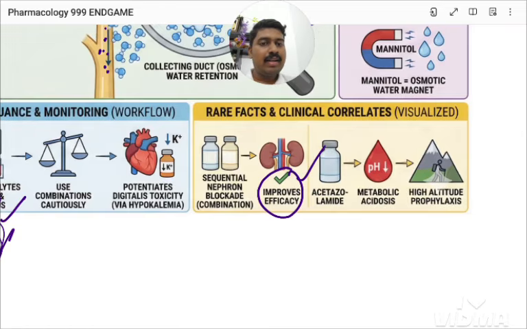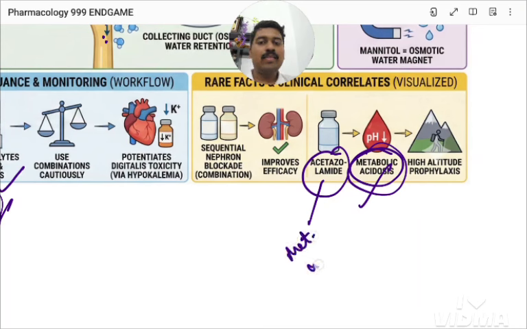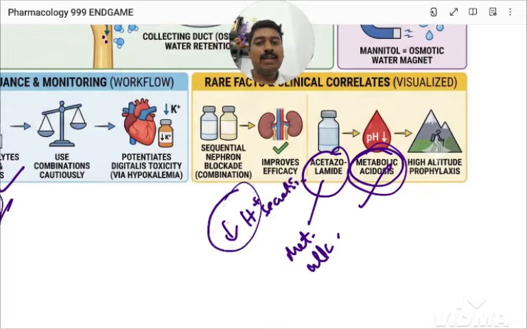Second is acetazolamide. I told you it will cause metabolic acidosis. That is, it is used for metabolic alkalosis because it will cause decreased H plus secretion in the tubules, so H plus is preserved within the bloodstream.